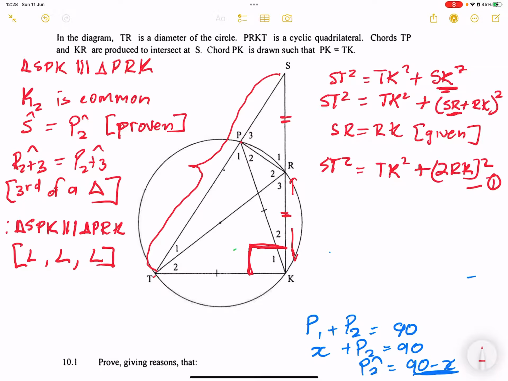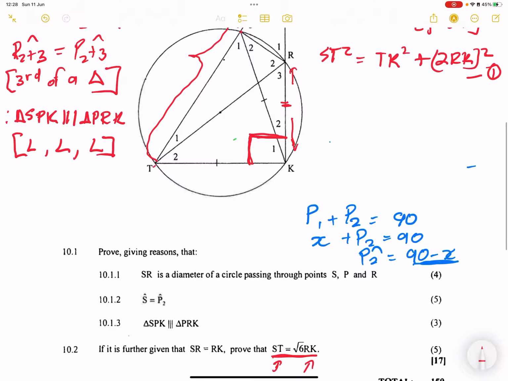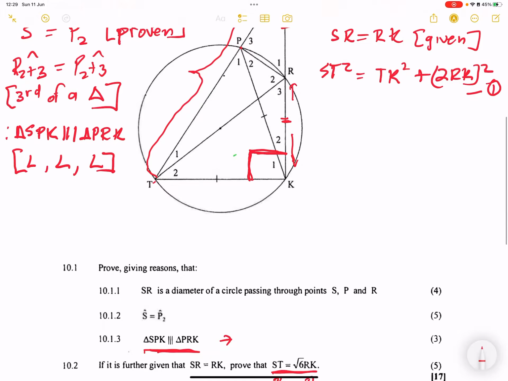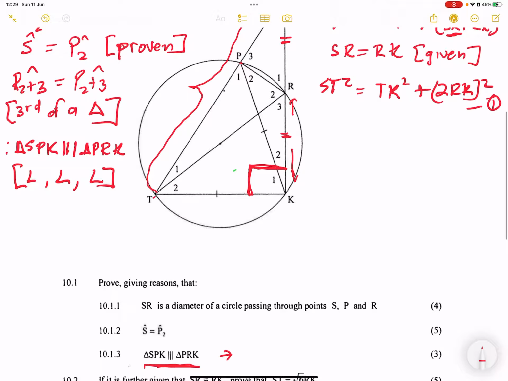Now where else can I relate TK? And I want you to always remember, ladies and gents, there's a reason why they ask you to prove congruency. So I'm going to go to what we've proved, the congruency that we've proven there, so that we can try and relate somewhat how SK relates there.